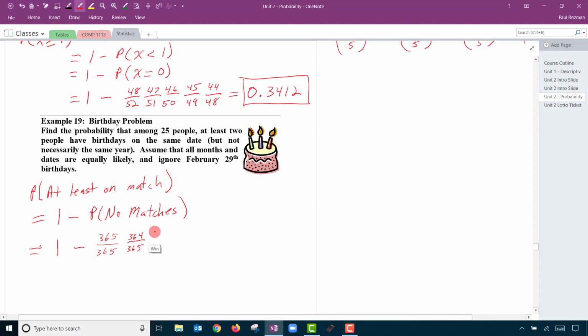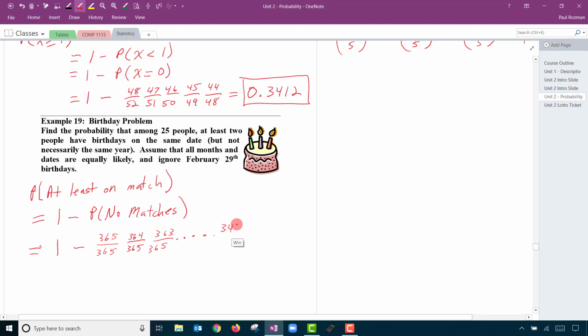And then person number 3 can't match the first 2 people, so that's 363 out of 365. And we just keep going until we get to the 25th person there, who I guess that'd be 340. Geez. We subtract 25 from 365, we get 340.